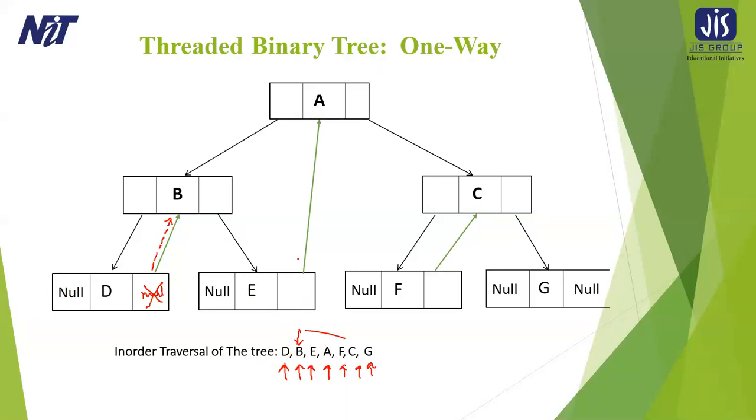That is A. So only the right pointer we have to replace by a thread, pointing towards A. Next, C is the in-order successor of F, so the right null pointer of F is threaded to C and holds the address of C. Now look at G. No values are there on the right side, so that is the ending.